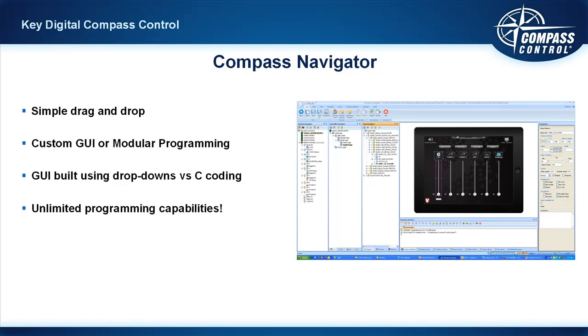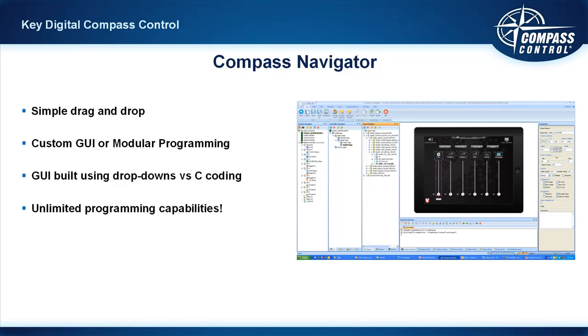So Compass Navigator, essentially, you are given your tools, which are your devices and your graphical elements, and you manipulate them through the event and action tools. The events and actions are sentences, if you will, in which the blanks are filled in through drop-down menus.